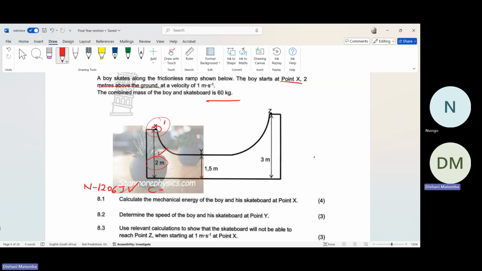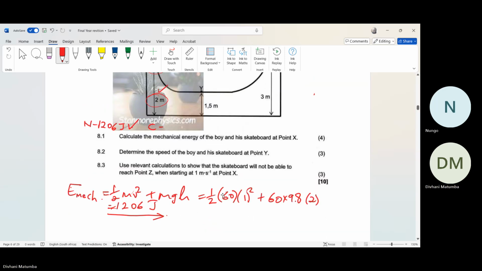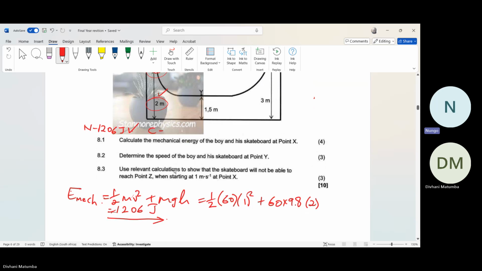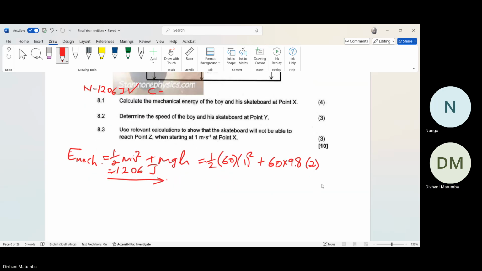How much did you get? 3.29 meters per second. Kumisa, how much did you get? Results not here. Okay, no problem. Let's see.